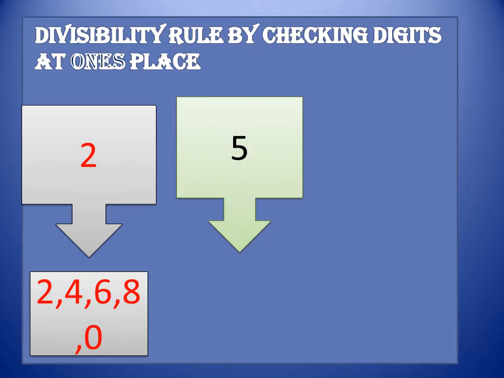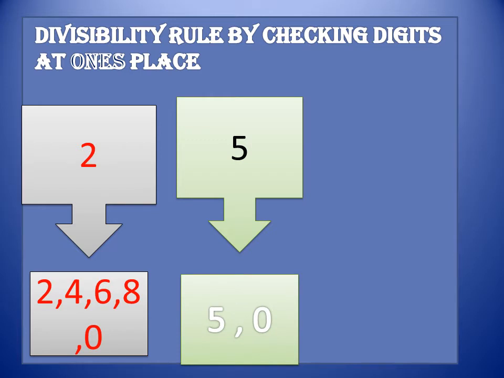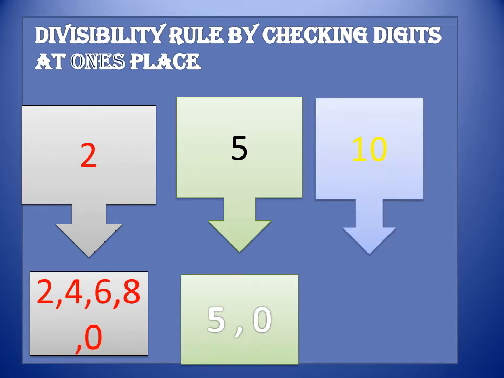Regarding 5, the ones place must be 5 or 0. As we have learned for 10, the digit at the ones place must be 0. I think it's clear. That means for 2, 5 and 10, we do the divisibility test by looking at the digit at the ones place.